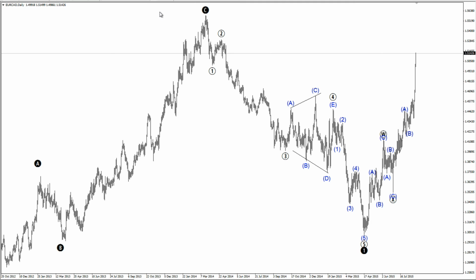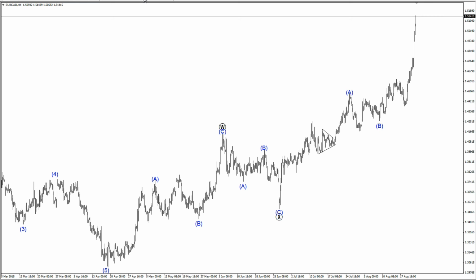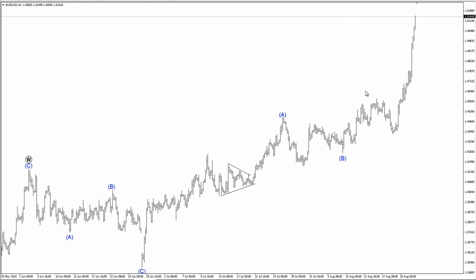So this is looking very strong. The whole structure is intermediate wave 2 in my wave count. So when this turns around, we should see a very long bear market on this pair. But at this point it is looking very strong to the upside.